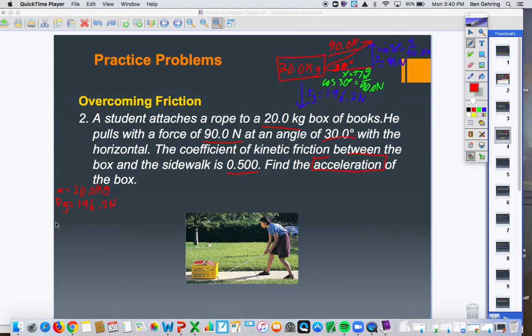I had a force applied of 90.0 newtons at 30.0 degrees, which means that my F in the x direction is equal to 77.9 newtons, and my F in the y direction is equal to 45 newtons.